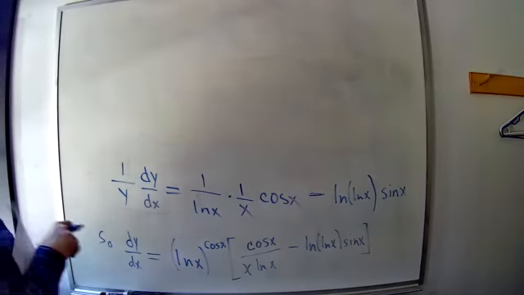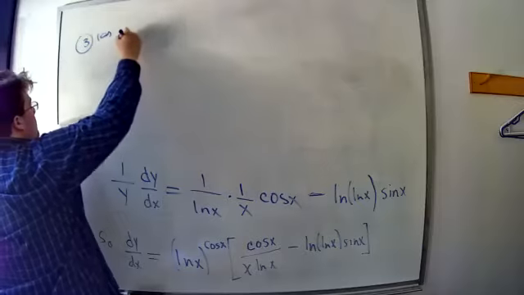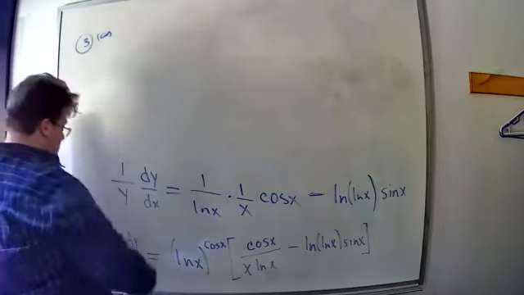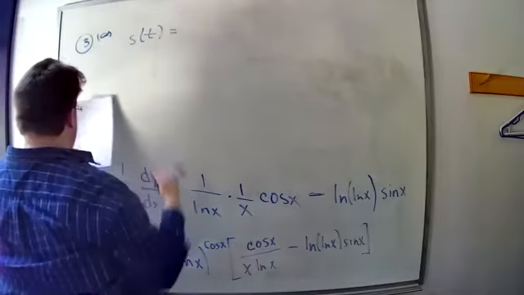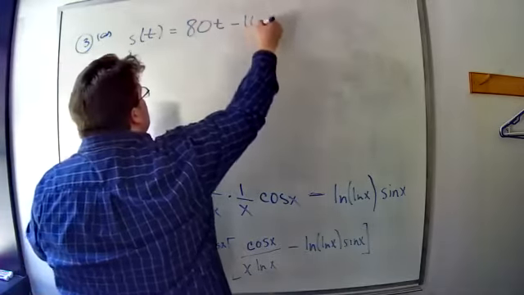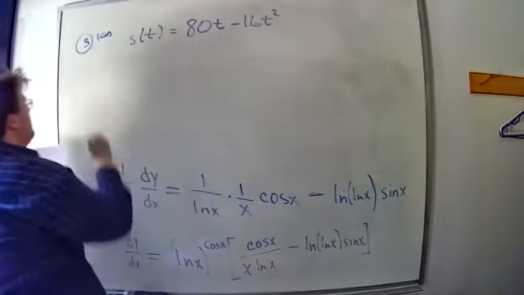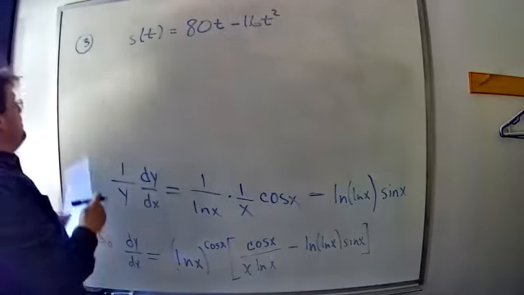So let's do parts A and B, and then we'll do part C. Not velocity. A position function is 80t minus 16t squared.